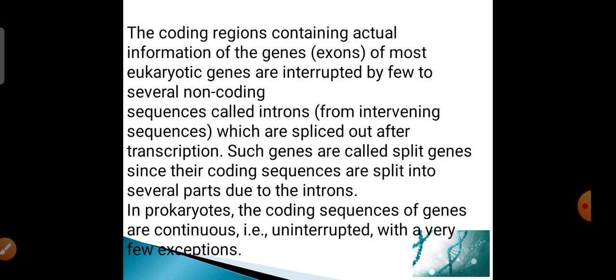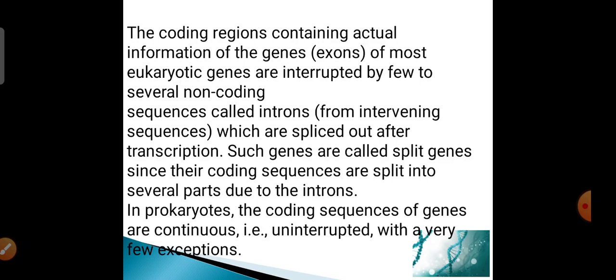So there is a eukaryotic gene. There are regions in the eukaryotic gene which contain actual information to get transcribed and translated into protein, and these coding regions are interrupted by several non-coding regions.